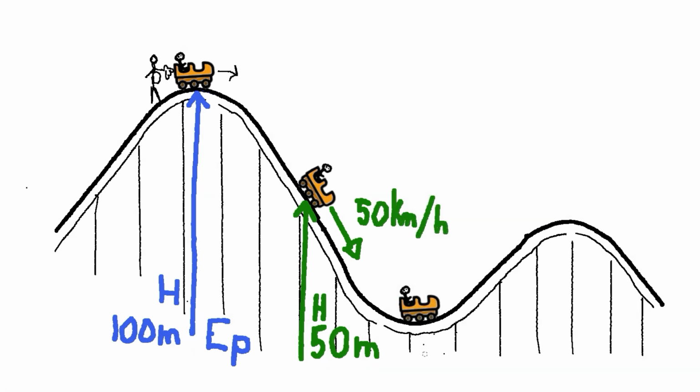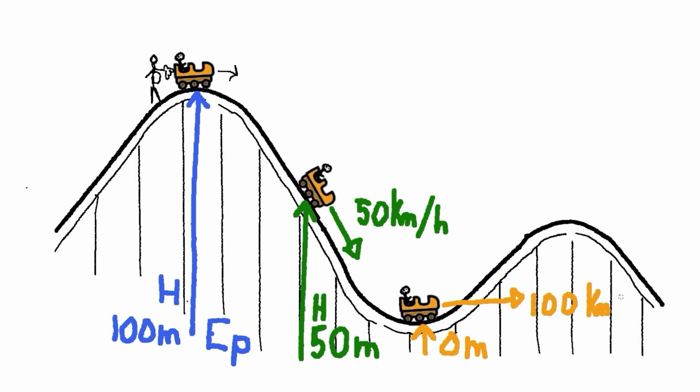Now, once the cart reaches the bottom of the roller coaster, the height will be 0 meters, and the speed will still be increased. For simplicity, I'll call it 100 kilometers per hour.